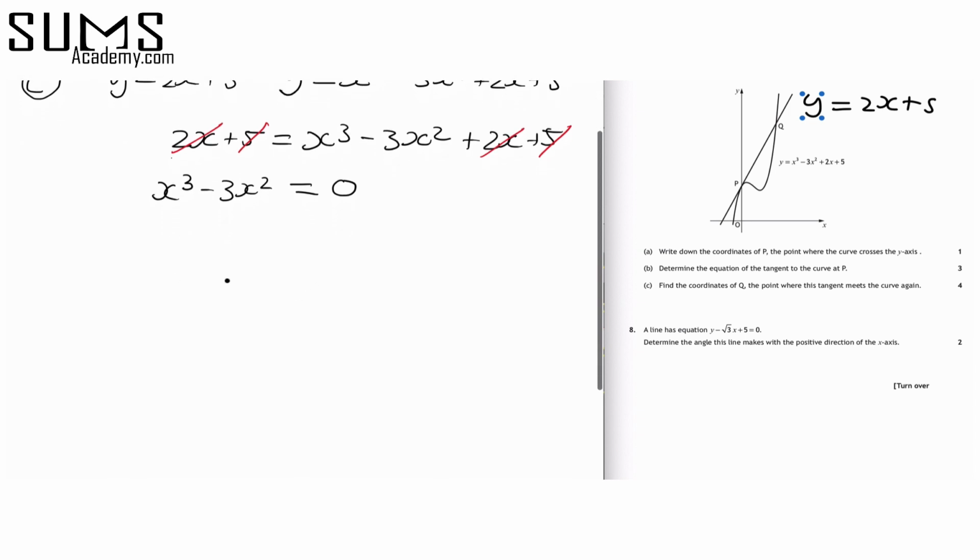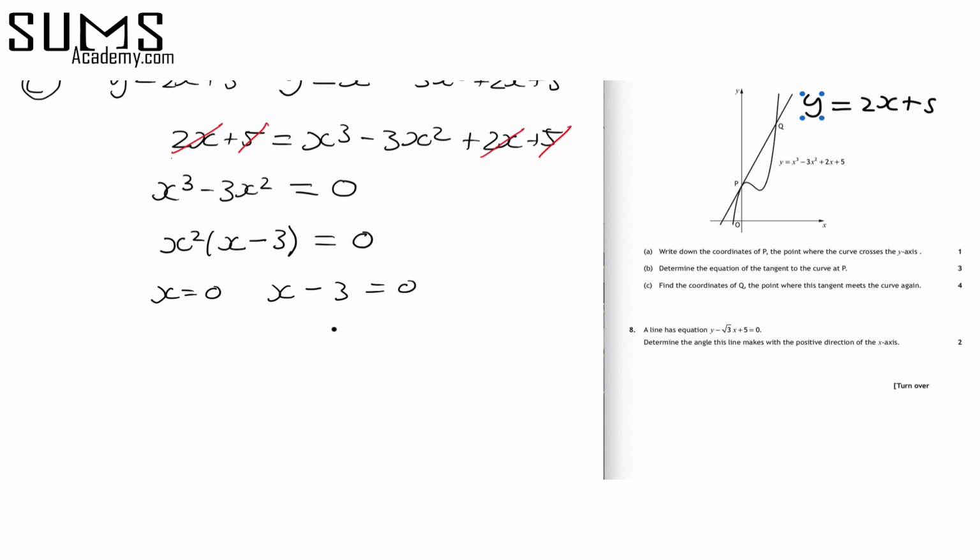Now you can take out a common factor here of x squared, so this then becomes x squared (x minus 3) equals 0. Okay, so now we can find the roots of this equation. Now we already know there's a root at 0, and you could also work that out because x squared is equal to 0. So then that becomes x equals 0 and x minus 3 equals 0, which is the same as saying x equals 3.